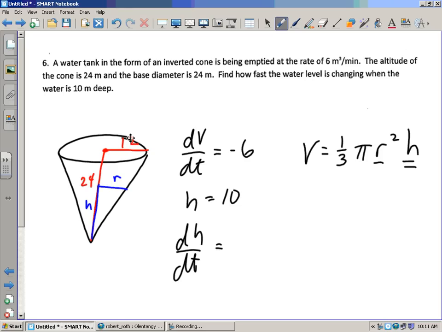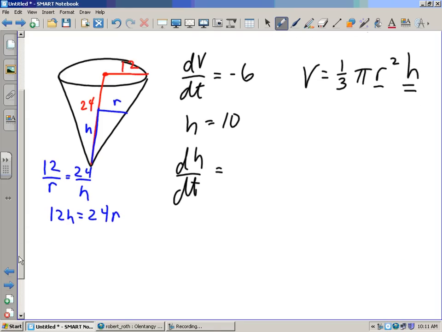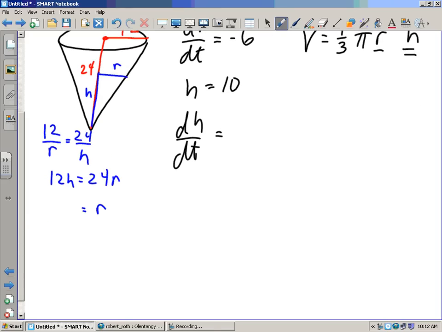So by using similar triangles, 12 over r is 24 over h. 12h equals 24r. So we know that r is equal to 1/2 h. Now we have a relationship between r and h.